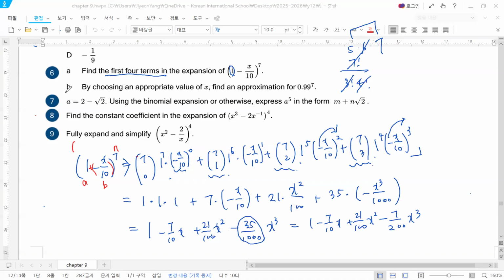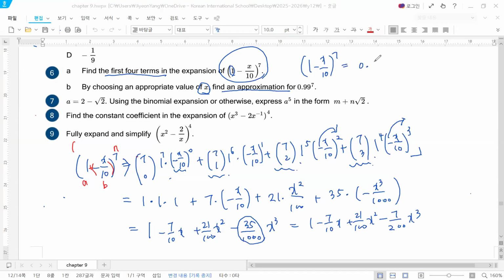And B, by choosing an appropriate value of x, find an approximation for 0.99 to the power of 7. You need to use this one, right? So 1 minus x over 10 to the power of 7 equals 0.99 to the power of 7.